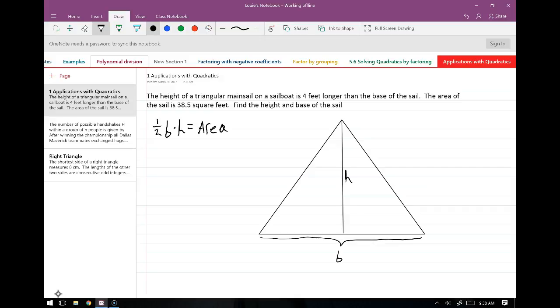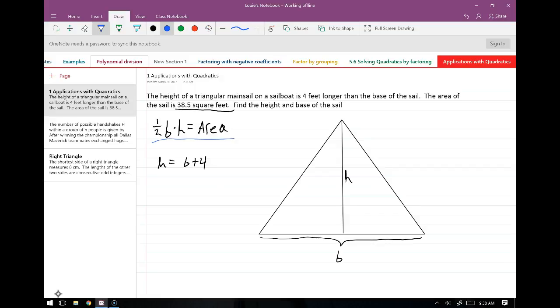Okay, so let's see now, what else do they give us? They say that the height of the mainsail is 4 feet longer than the base. Okay, and so H is equal to B plus 4. All right, and then they give us the total area. So they have given us pretty much everything, right?